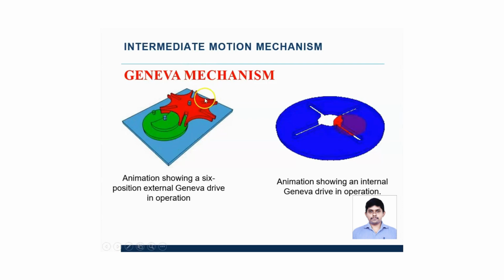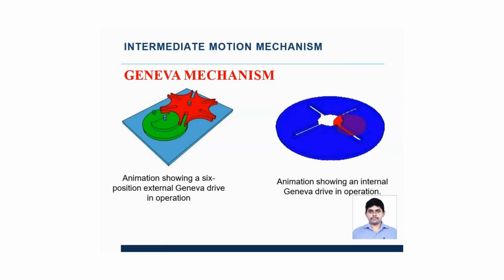Similarly, six intermittent motions take place within this mechanism itself. And here you see there are 4 slots. On the top we have a rotating element with the key. When the blue disk rotates in an anti-clockwise direction, this red key point makes a constant slot and delivers some intermittent motion.